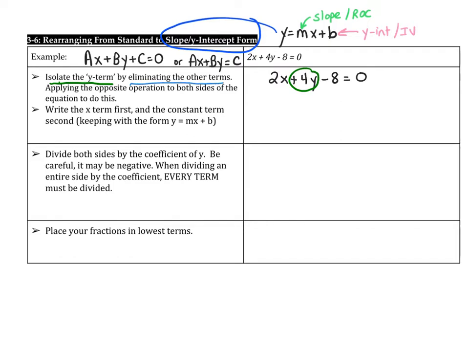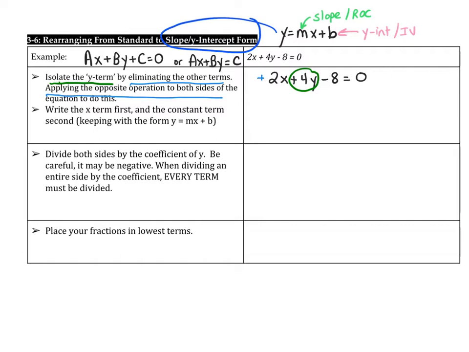Eliminate the other two terms, applying the opposite operation to both sides. So to eliminate the 2x, that's a positive 2x, you're going to subtract 2x from both sides. And to eliminate the negative 8, you're going to add 8 to both sides.